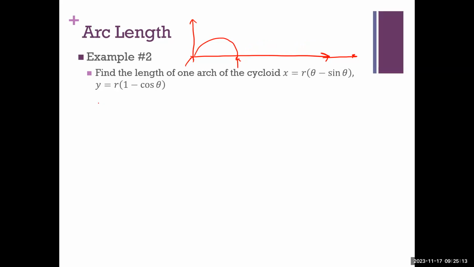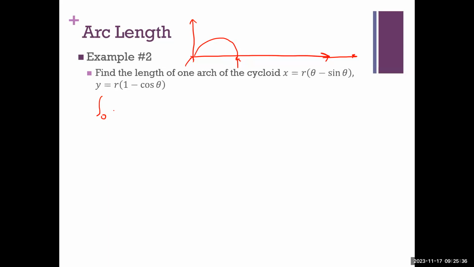Or do you need to tell me first what the integral is we're setting up? What does it look like? How do you know it's from 0 to 2 pi? We know it starts at 0 and then one round is 2 pi.